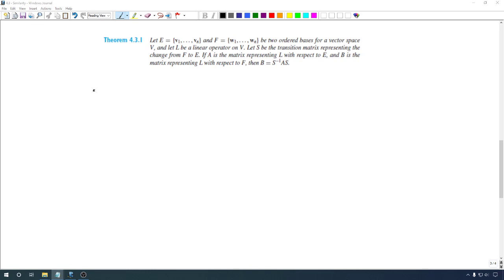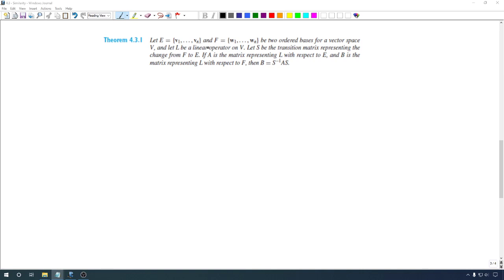Now it turns out that we can do this same process with any finite dimensional vector space. So here we are going to look at the situation where we have a vector space V, but we have two different bases, E and F. And we're only working with finite dimensional vector spaces here. So the dimension of V is going to be n, so both of these consist of n different vectors.